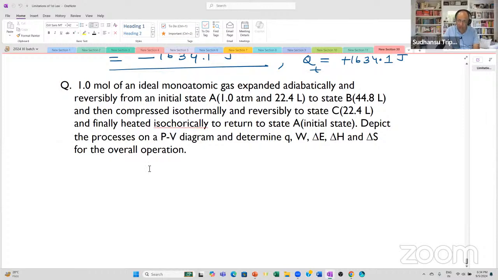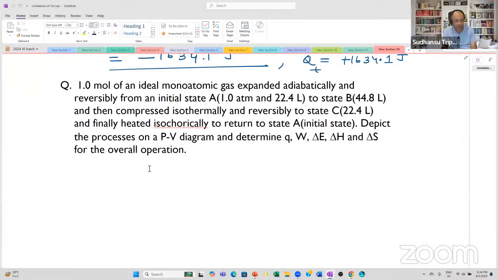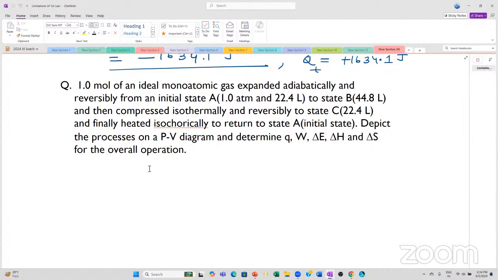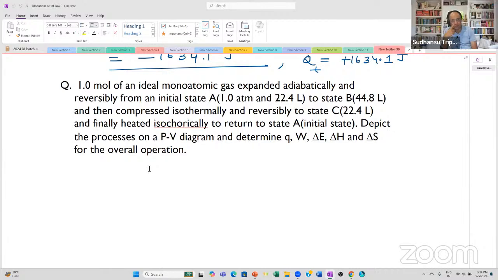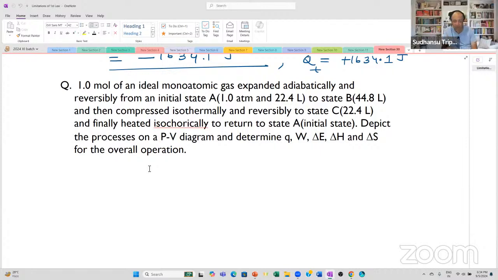Omkar, is it not? Sir, these two I have done. Yesterday you told us to do one in class and another one at home. Sir, these two you gave in the last class. No, I have told you, possibly you have forgotten that.